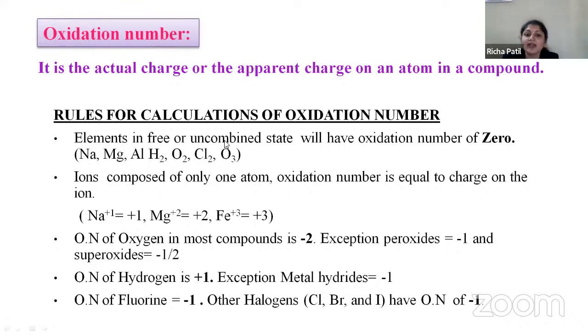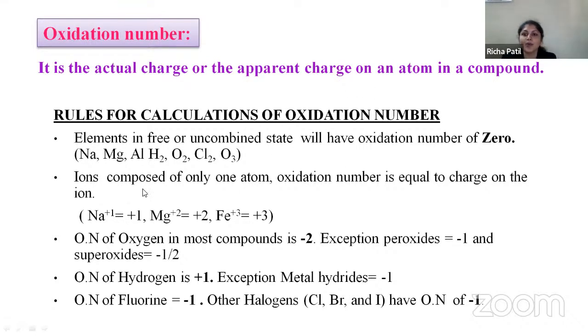And in uncombined state, these are diatomic molecules: hydrogen H2, O2, Cl2, and O3. These have oxidation number 0. So this is the first rule.